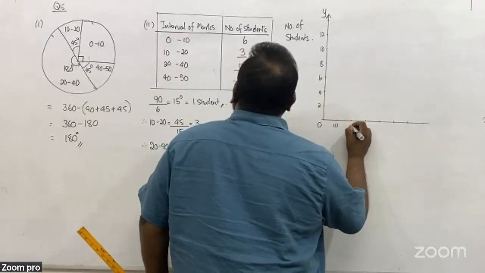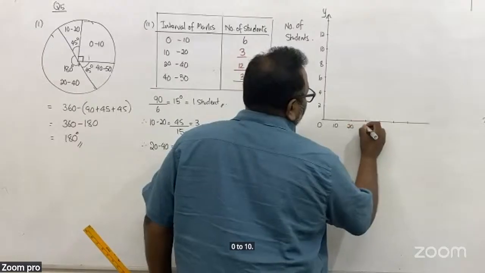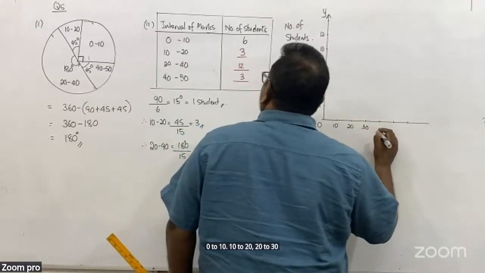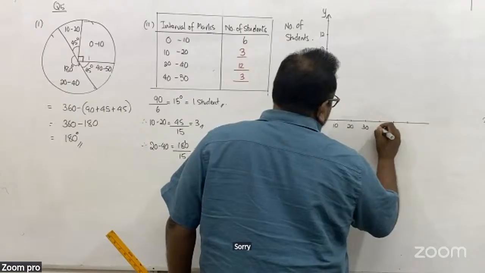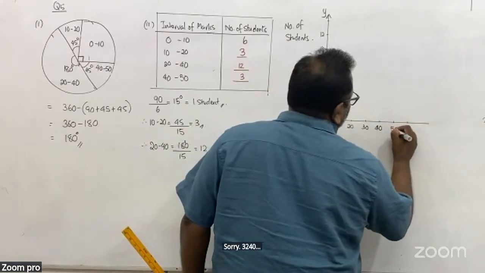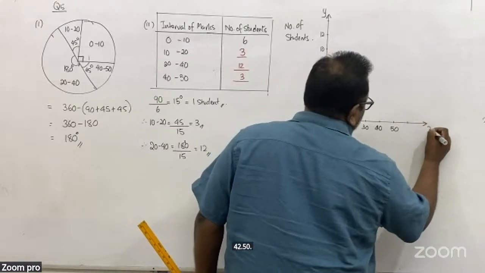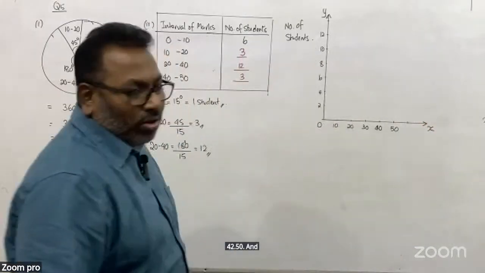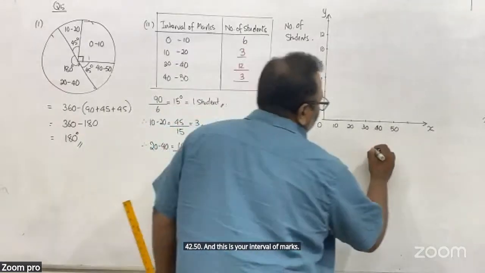Then onto your x-axis: 0 to 10, 10 to 20, 20 to 30, sorry, 30 to 40, 40 to 50. And this is your interval of marks.